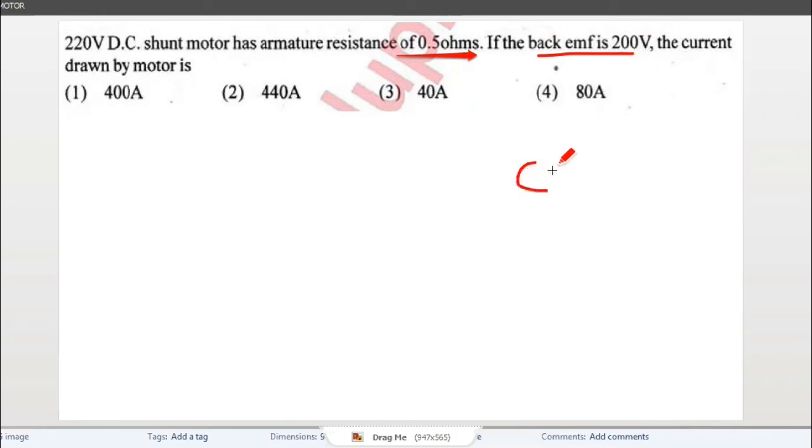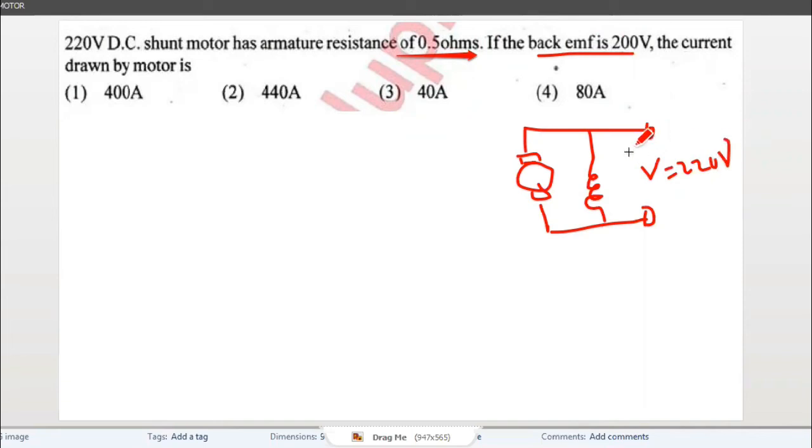So if you take a DC shunt motor, terminal voltage V equal to 220 volts and back EMF EB is given 200 volts, and it is armature current IA and armature resistance RA. So RA is given as 0.5 ohm. So it is a motor.